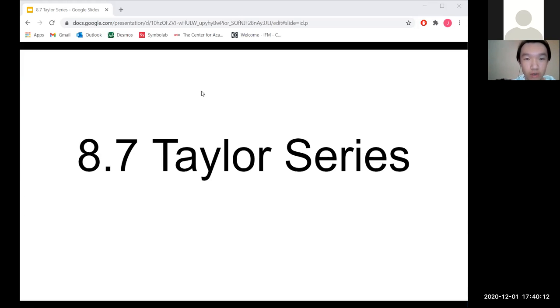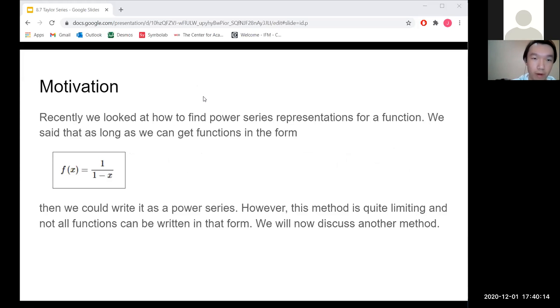All right, so let's see. Here's the motivation. If you guys remember what we did in power series, specifically the topic that we used power series to represent a function. Anytime we had a function, we had to get it in the form 1 over 1 minus something. And then once we got it in that form, we could write it as a power series, right?